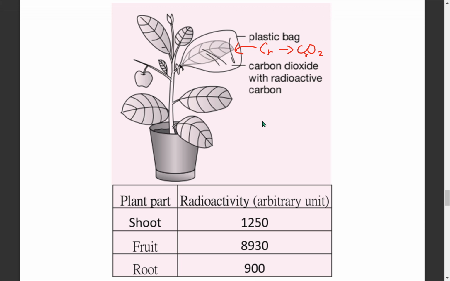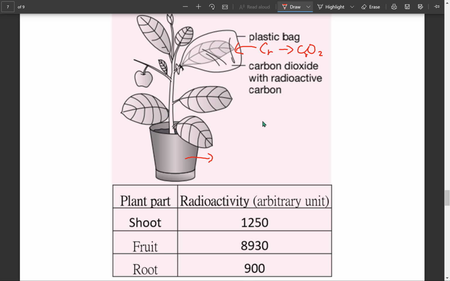But at the end of the experiment, they measured radioactivity at the root, the fruit, and the shoot, which means some Cr is found here, where originally there was none. The only input of radioactive carbon is in this plastic bag, so initially there must be no radioactive carbon in the roots or in the soil. But at the end of the experiment, they found radioactive carbon in the soil and in the fruit.